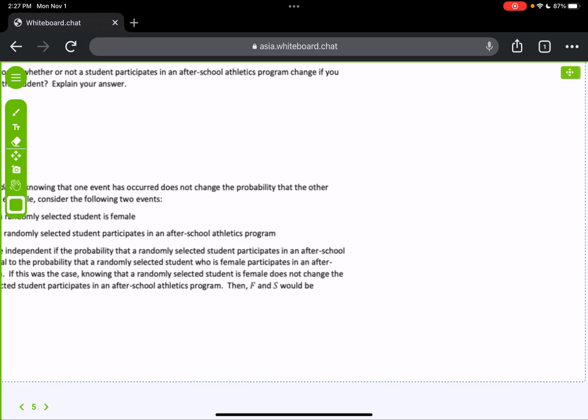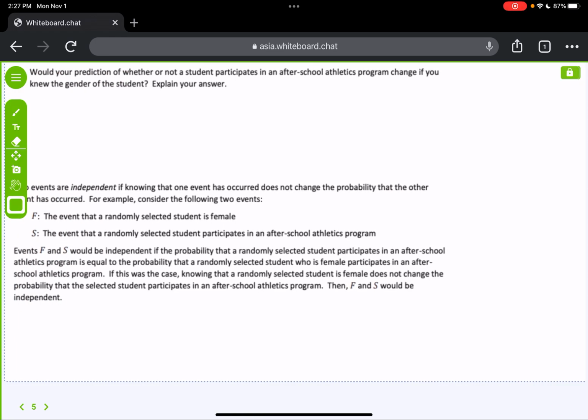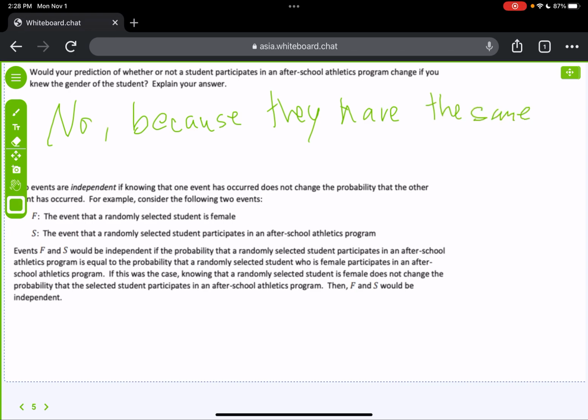Would your prediction of whether or not a student participates in an after-school athletic program change if you knew the student's gender? Well, no, it would not change, because they have the same probability. Okay? Probability is the same.